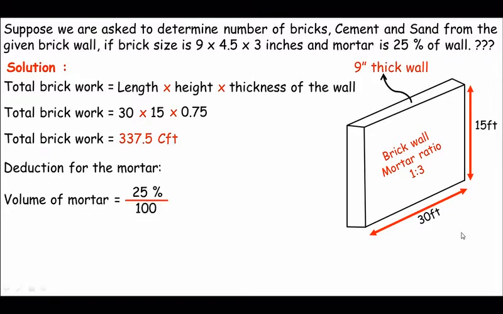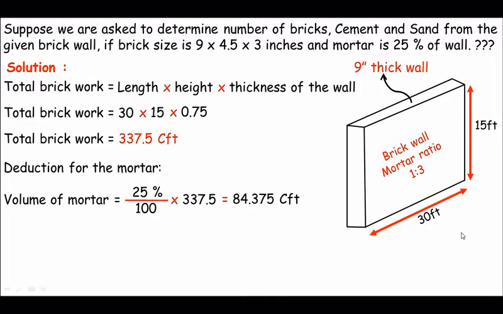Now if it's 25 in 100, then how much would it be in the total brickwork, which is 337.5 CFT? So we do multiplication with this, and we get the volume of mortar equals 84.375 CFT.